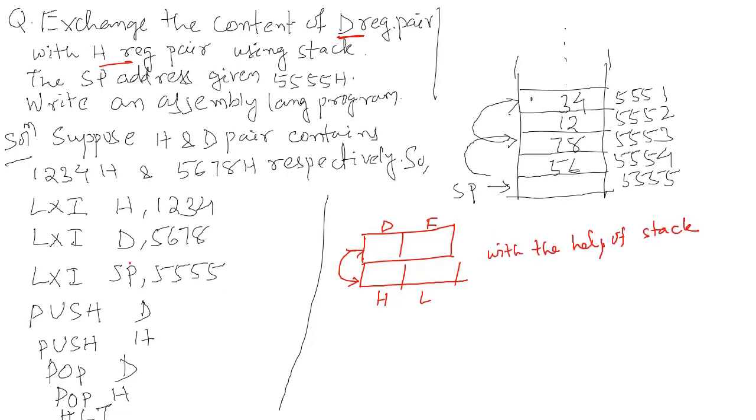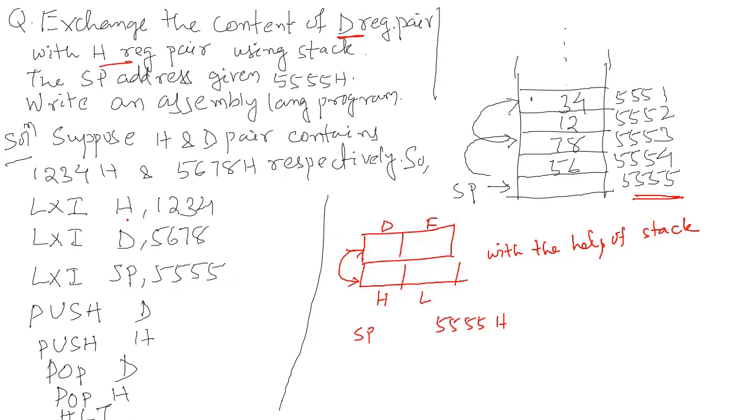This is the question. The stack pointer value, or the location from which we will start the stack operation, is given as 5555H. First we have to initialize the stack pointer as 5555H. It is written here: LXI SP, 5555H.